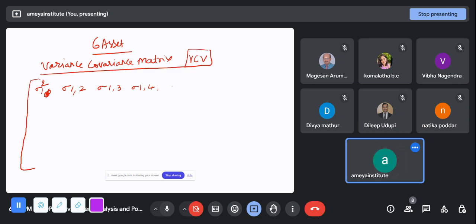Next, the standard deviation of 1 comma 5, then the next one, 1 comma 6. This becomes my first line of combinations. Is it clear, the first line of what we are trying to do here? Yes.